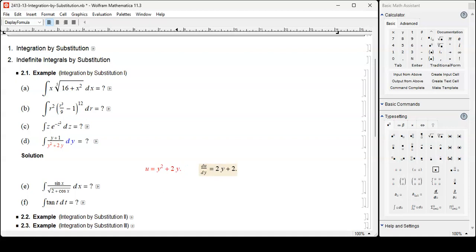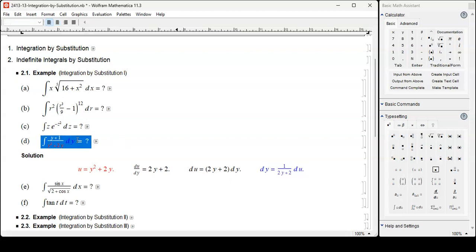So we got that, and then you can solve for dy. And finally, so okay, we got this blue as well.